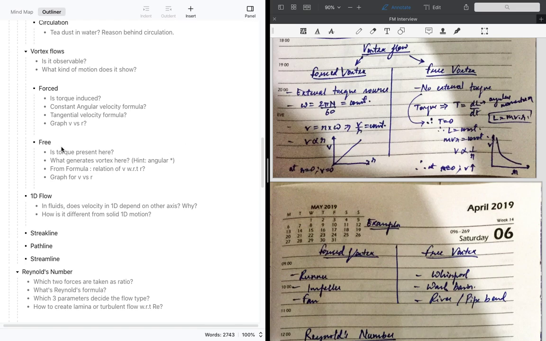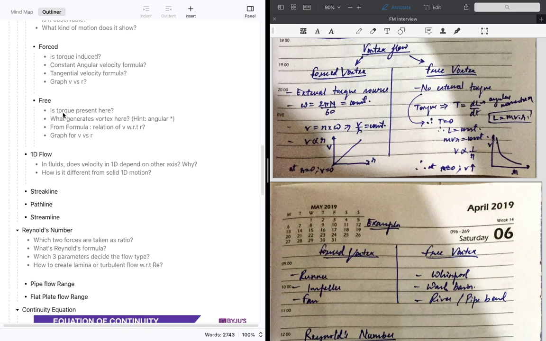So the other one is the free vortex flow. In this case, is the torque present here? What generates the vortex here, and what is the relation between V and R, and the graph of V and R? In this free vortex, there is no external torque. For example, a whirlpool, wash basin, river, or pipe. As you can see, the wash basin is a half hemisphere.